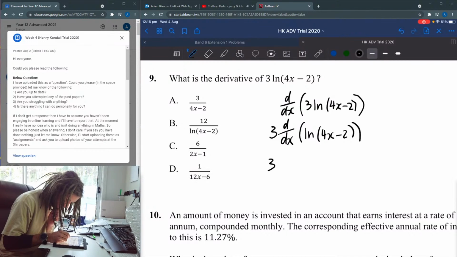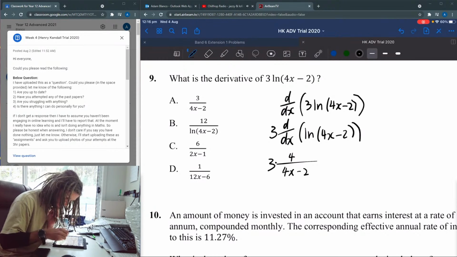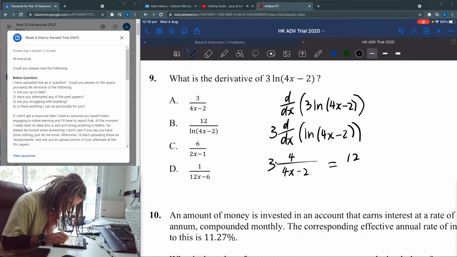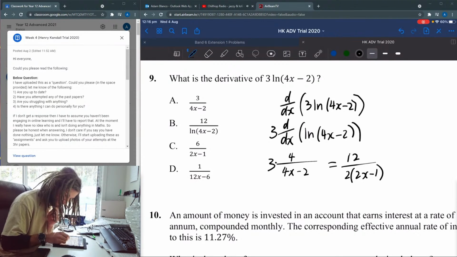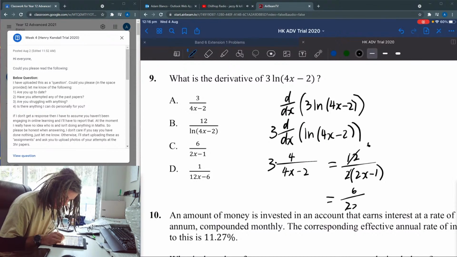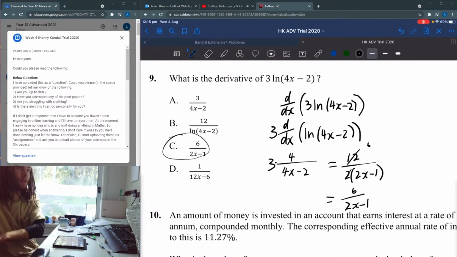So the derivative of the inside is 4 over the original, 4x minus 2, 3 times. So that's 12 over 4x minus 2. Maybe I'll factorize the bottom: 2 outside of 2x minus 1. Then that and that, so 6. So that's 6 on 2x minus 1. This one. Easy. It's been pretty easy.